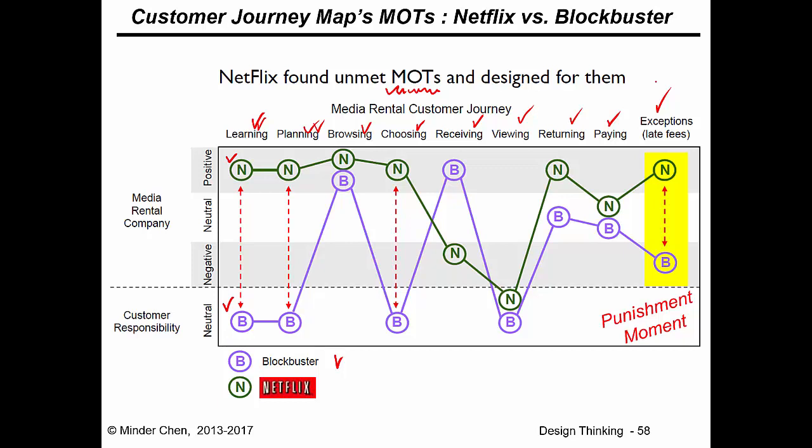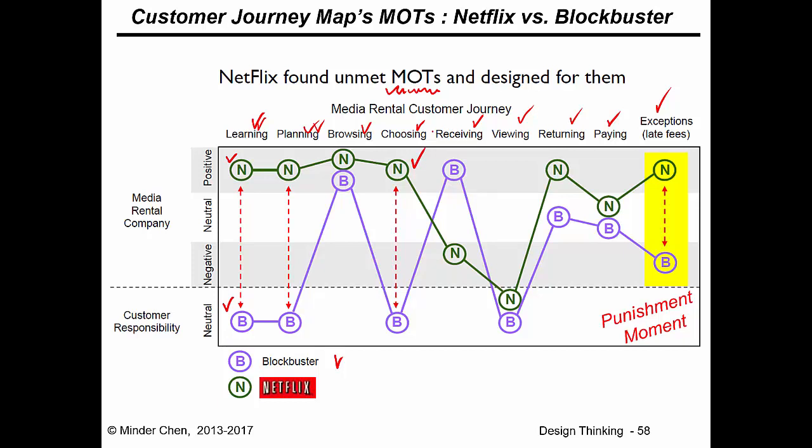If you look at it, Netflix has a really good experience in many aspects. In terms of learning, online you can search, find out, plan your movie rental, and even schedule it. Netflix also offers more movies than Blockbuster, so there are more choices.